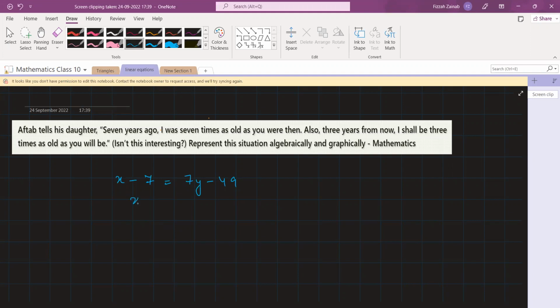This you can do, right? x minus 7y, and then minus 7 plus 49 is equal to 0. So that becomes x minus 7y plus 42 is equal to 0. So in this form you have to write it.